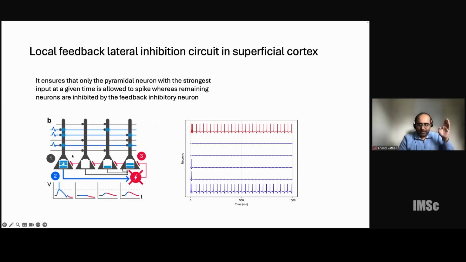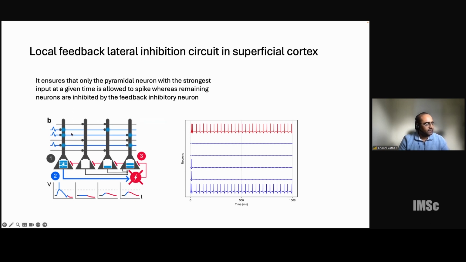There are pyramidal cells, and there are interneurons, which are called feedback interneurons, which are inhibitory, and they form a local circuit like this. Each of them is exciting the interneuron, and the interneuron is giving feedback inhibition to all of them.